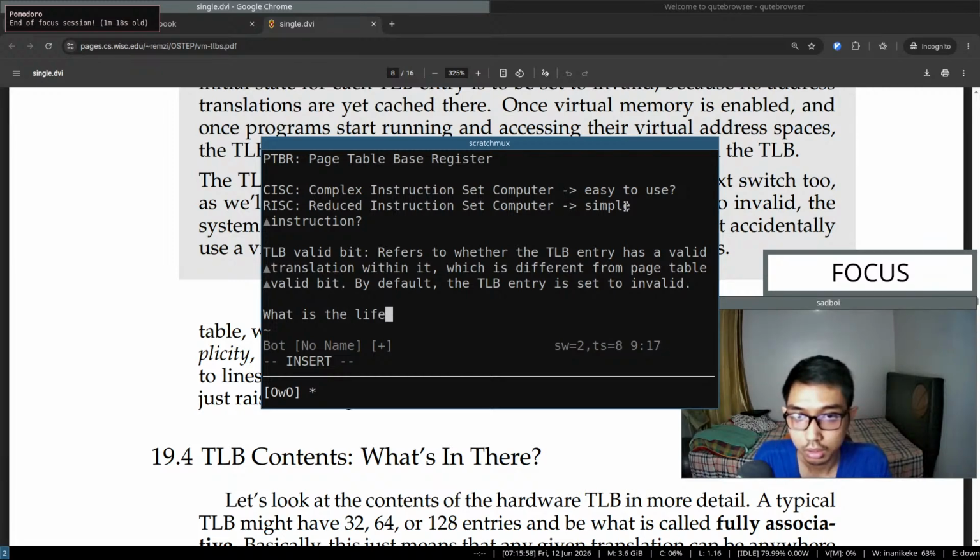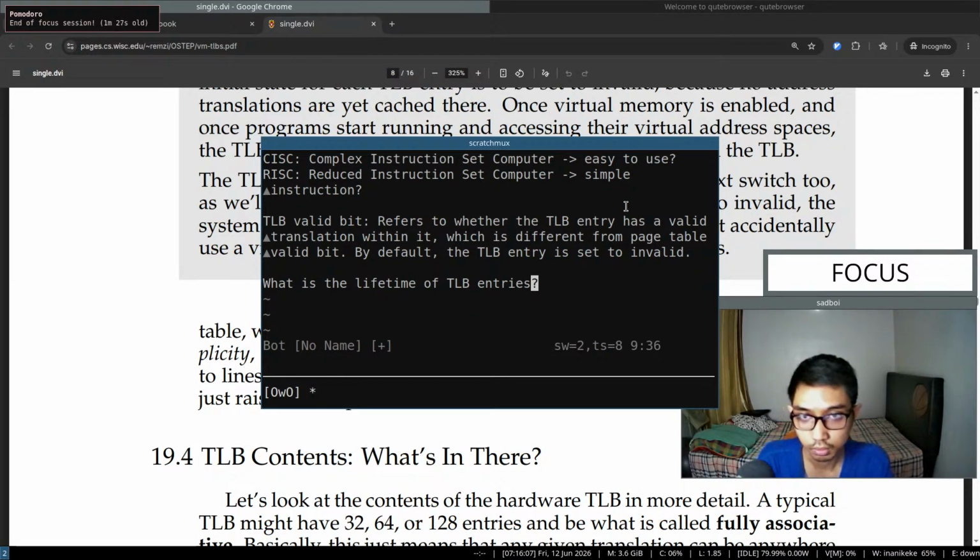What is the lifetime of entries? Until the, what is it?